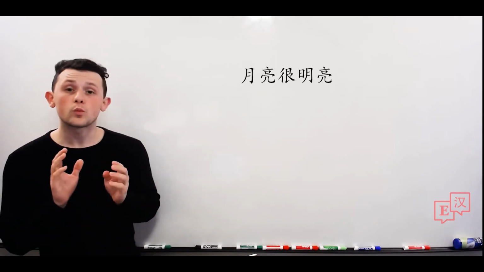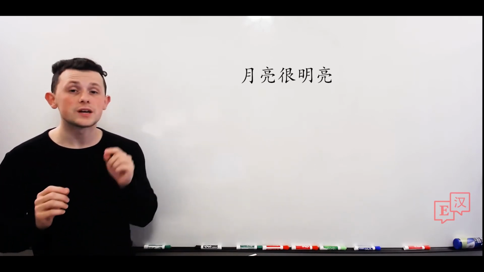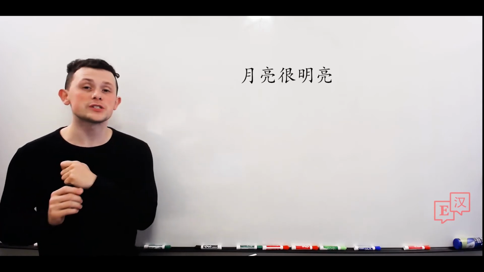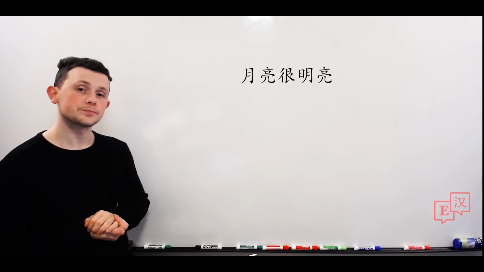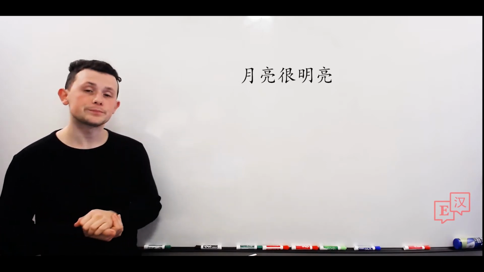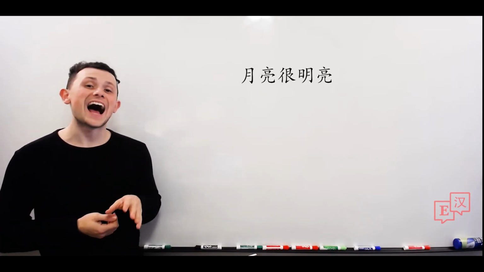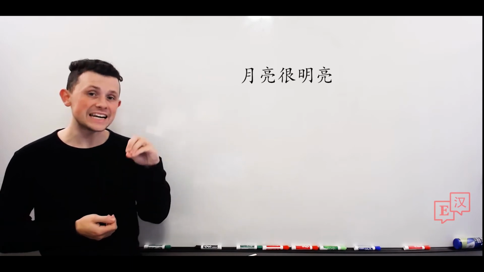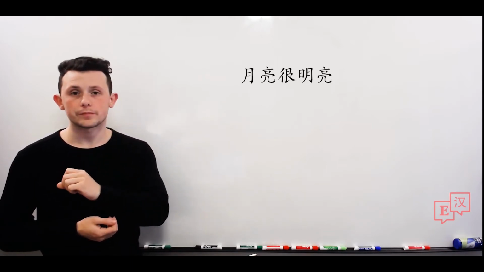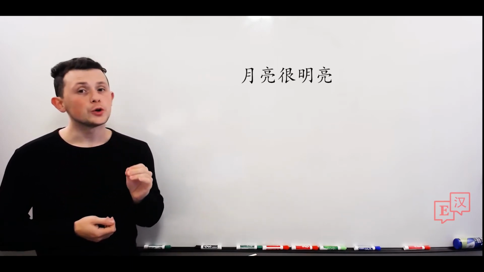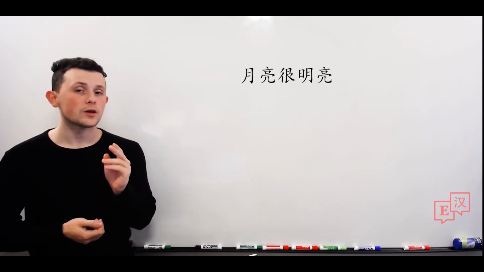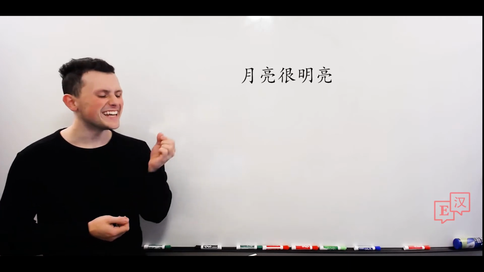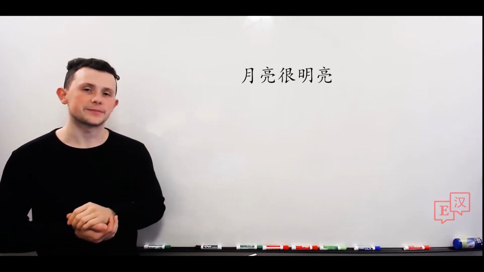For this segment, we're going to look at our base examples. We will then turn them into questions using 吗 and then answer our questions. So, our first example. 月亮很明亮。月亮很明亮。The moon is bright.